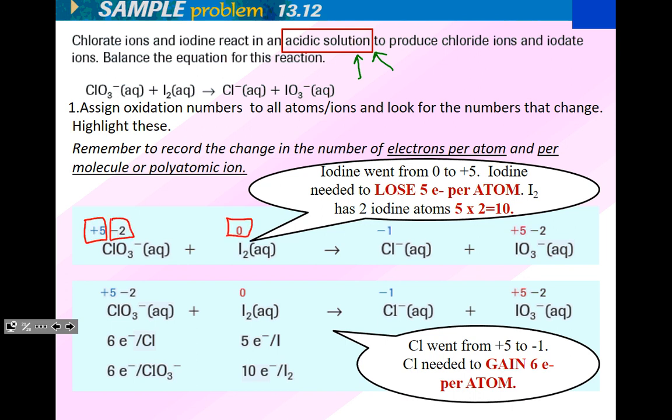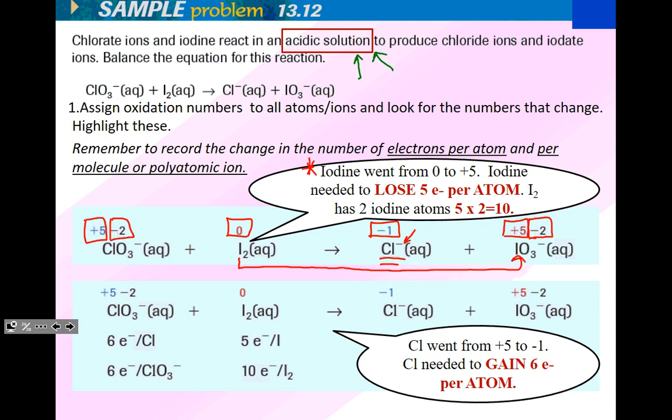So we're going to assign numbers. 0 is for elements, right? We have -1 for chloride because it's an ion. The ox number is just the charge. And we go ahead and assign iodine 5+ here and oxygen 2-, which you already know. Okay, let's take a closer look. Iodine went from 0 to a +5.